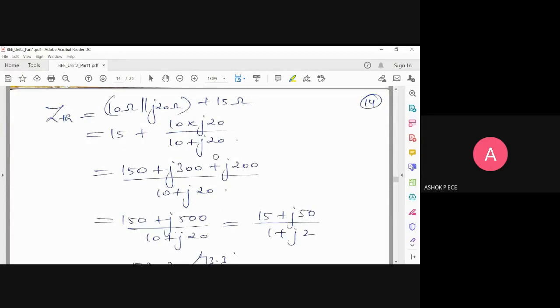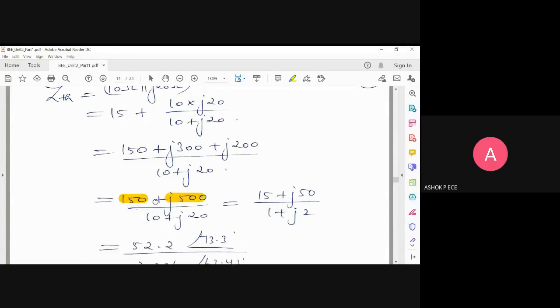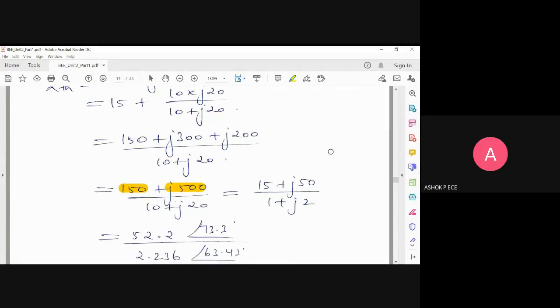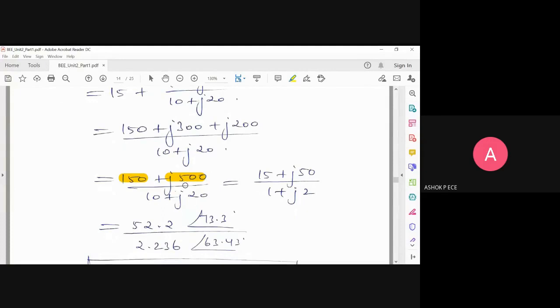Add the real part. Real part only 150, so write it as it is. Add the imaginary part, plus J500 divided by 10 plus J20. Try to simplify them as much as possible. I think you can divide by 10 in both numerator and denominator. So you will get 15 plus J50 by 1 plus J2.